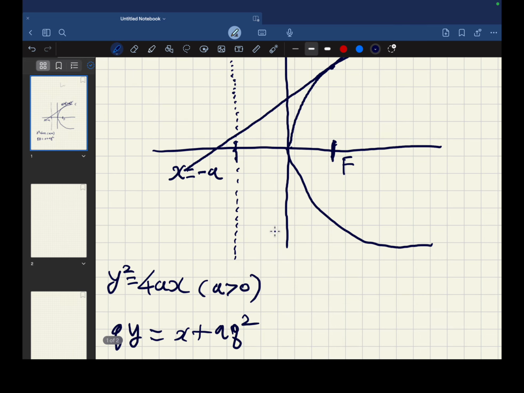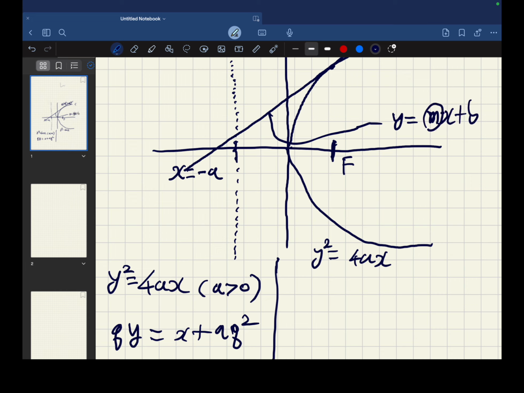But since we know the equation, the form of the parabola here, y squared is 4ax, and this is just a simple polynomial line, of such type mx plus b here, m is a slope and b is the y-intercept, we can transform this equation into that form.